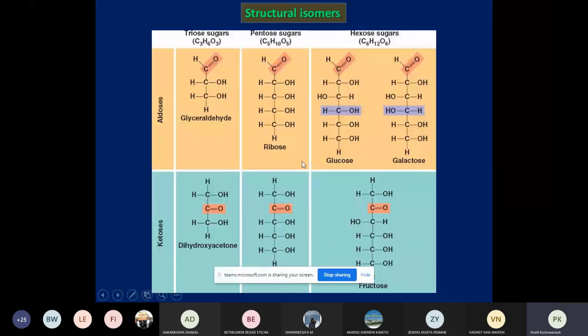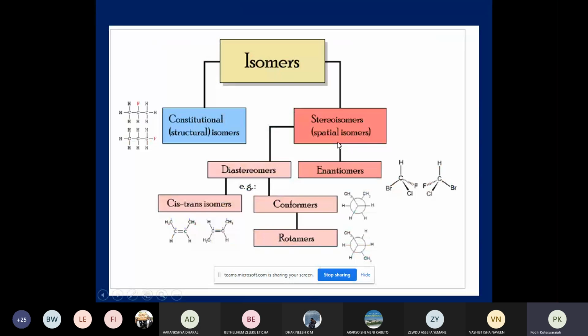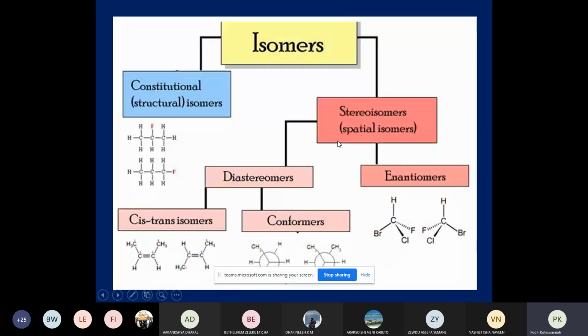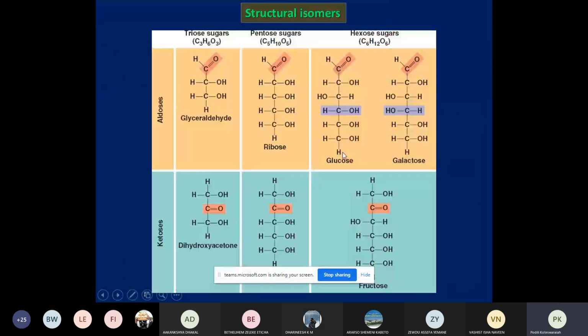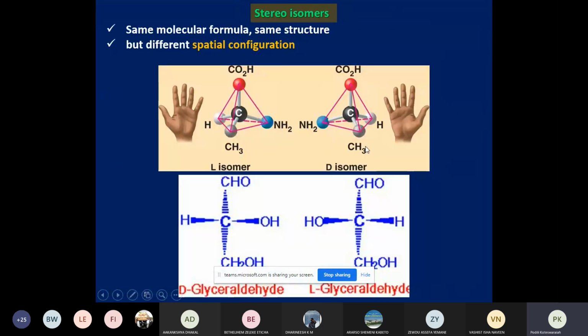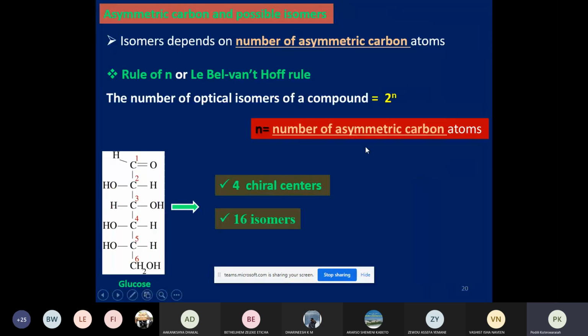For example, glucose and galactose have the same molecular formula, but different spatial arrangement of the atoms. So all monosaccharides exhibit stereoisomerism as well as optical isomerism, because they have asymmetric carbons, and can have various isomers.